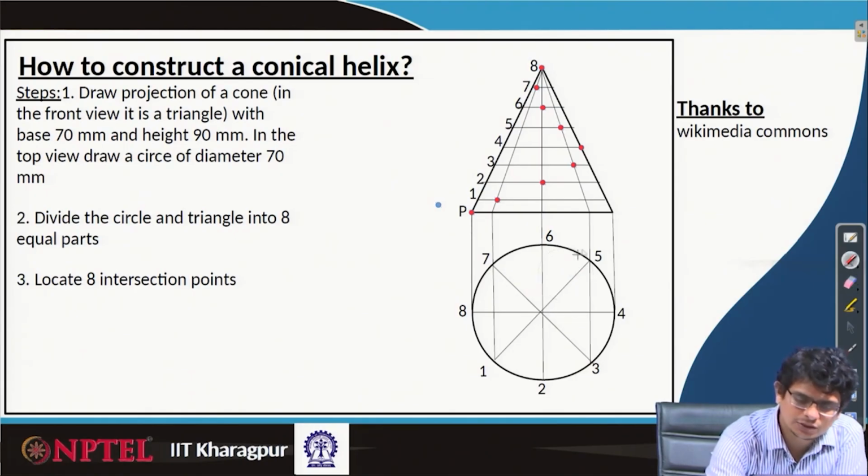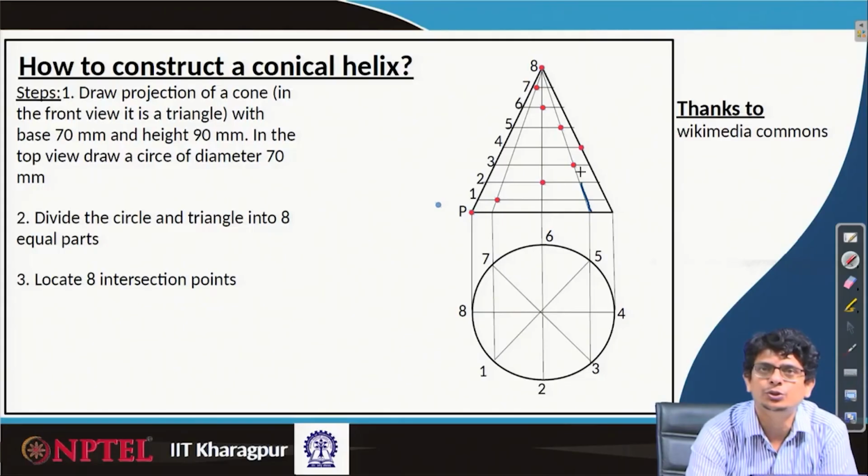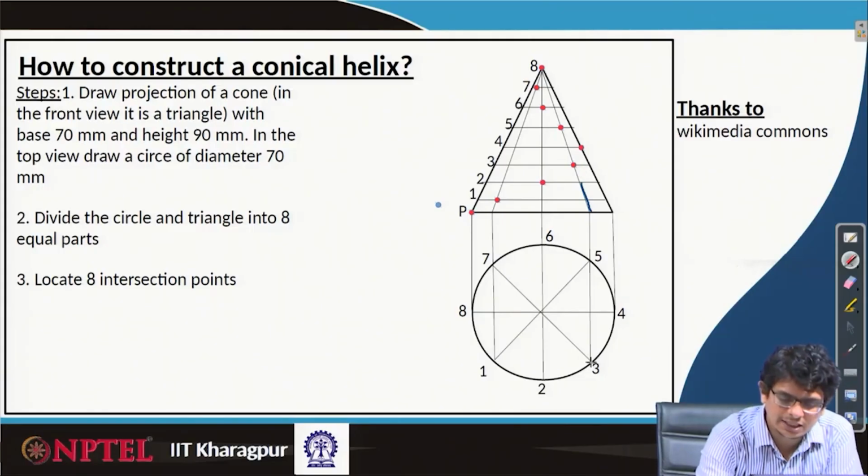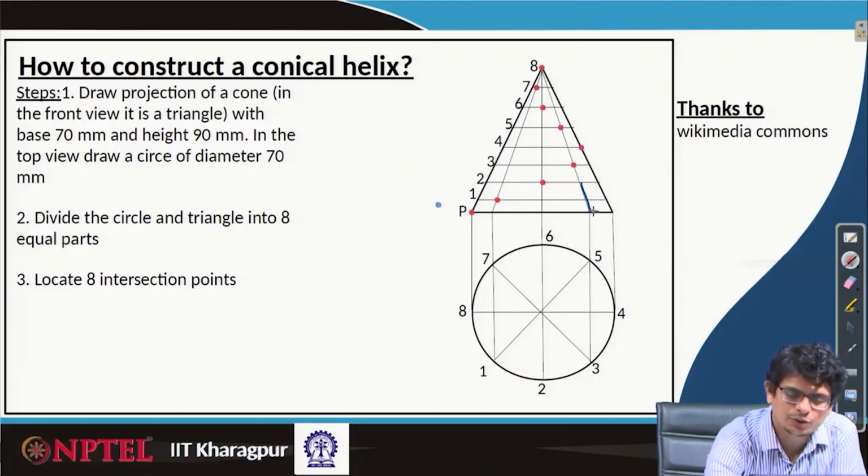We would like to construct a generator at this point. To do that, if we are extending line 3 all the way to 5, the place where it is going to cut the base, from there connect the point all the way to the peak or apex. This is the way we will construct one of the generators.